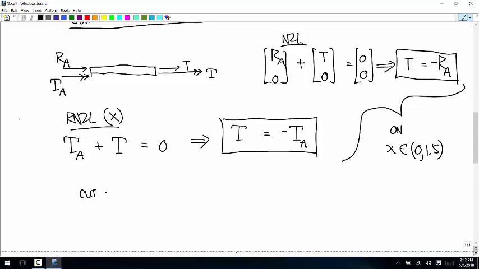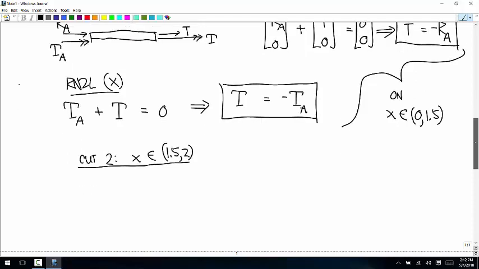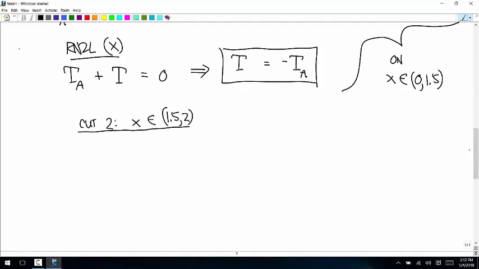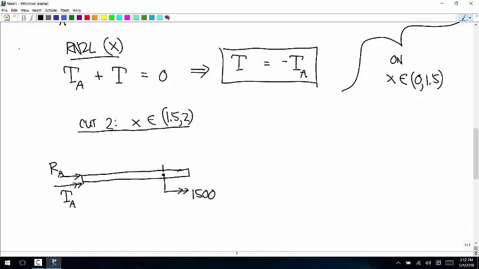And now cut 2, for x between 1.5 and 2. So we still have these loads at the end, RA and torque A. But now we're past those 2 external loads. So we have a torque of 1500 going this way, and a force of 10,000 newtons going this way.